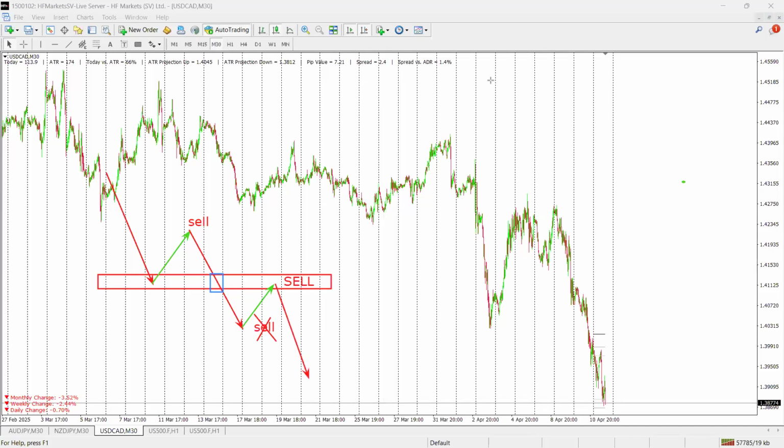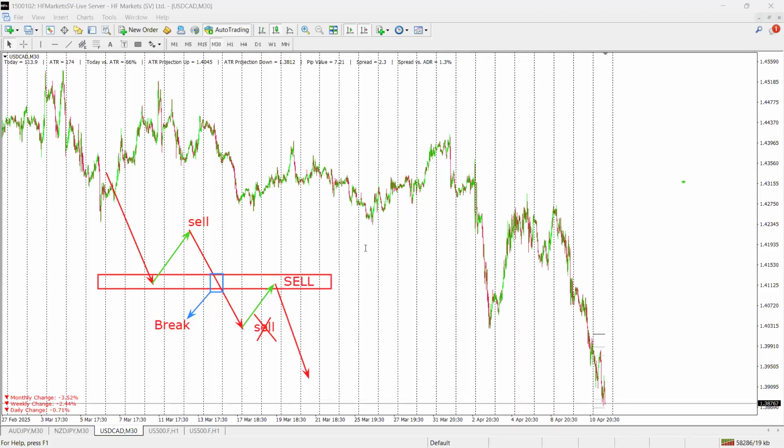So rather than selling immediately when price breaks a level, we don't sell immediately. What we do is we hold on to the expectation that when price breaks a level, which is here, break, instead of entering into a sell immediately at this point, we allow a retest.